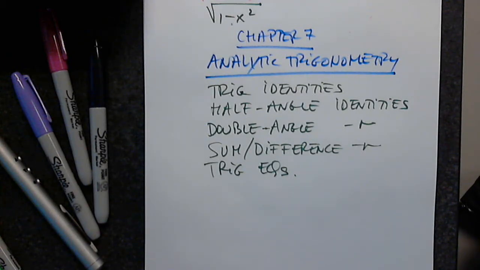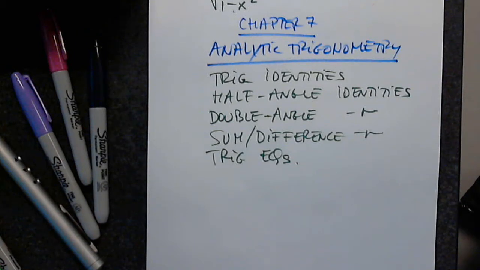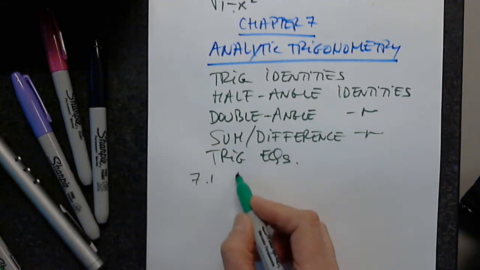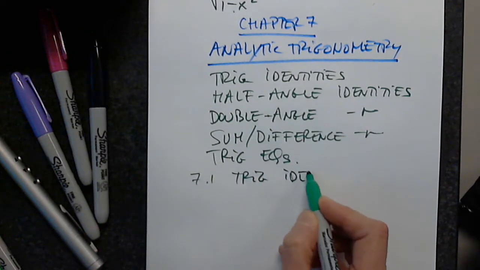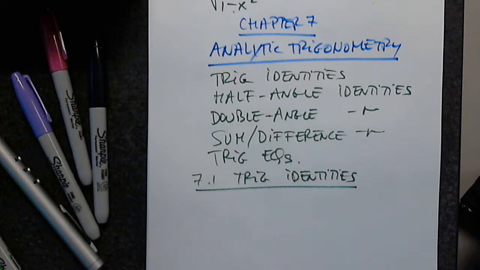I don't have anything to say in section 7.1 because we already covered what 7.1 is all about. And the title is Trig Identities. How many trig identities do we know? Or forget about their number, just give me what we know already.